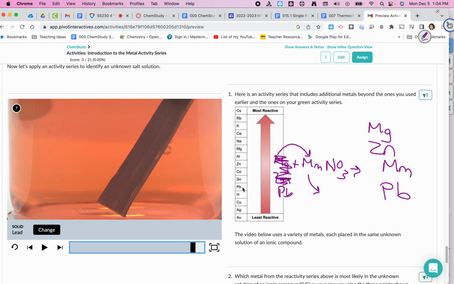Now, in theory, it could also be lead, because lead wouldn't react with lead, except that in the earlier simulations, lead nitrate was one that you had, and lead nitrate isn't colored at all. So we can eliminate the lead just because we saw some earlier, and this solution is definitely kind of orangish pink, and we didn't see an orangish pink one earlier. So I think you can get as far as saying it's either cobalt or tin, but we can't make the final decision with the information we have in terms of whether it is cobalt or it is tin.